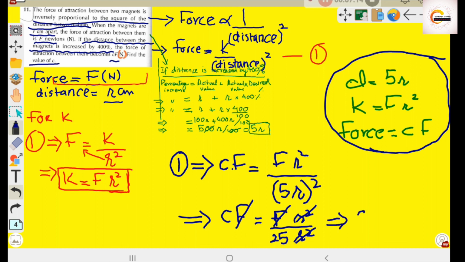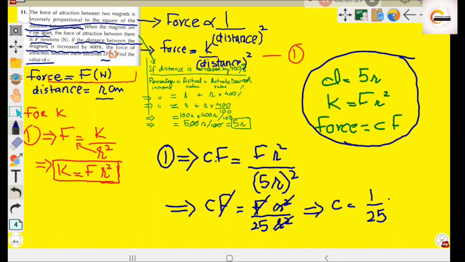So the value of C is 1 upon 25, which means 0.04. So the value of C is 1 upon 25, that is 0.04.